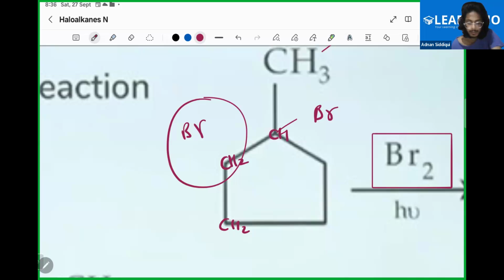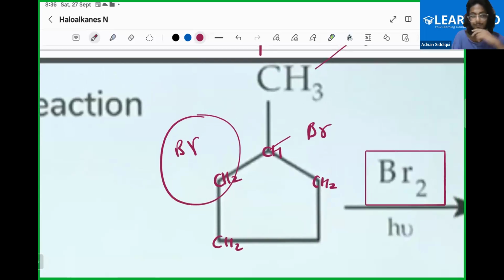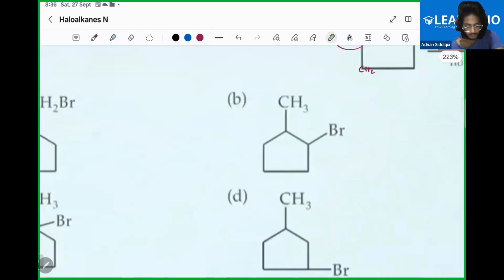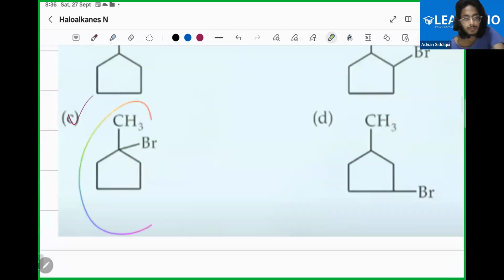So this carbon is secondary, right? Are we having any carbon which is tertiary? Think, see carefully. If you see this carbon, isn't it a 3-degree carbon? The carbon is attached to 3 carbons directly, right? So the product is going to be this one.